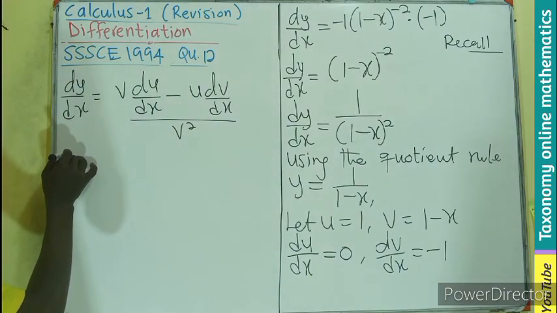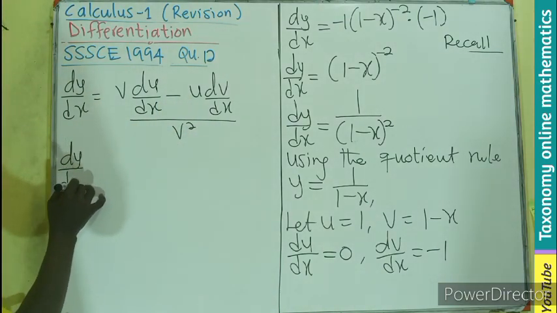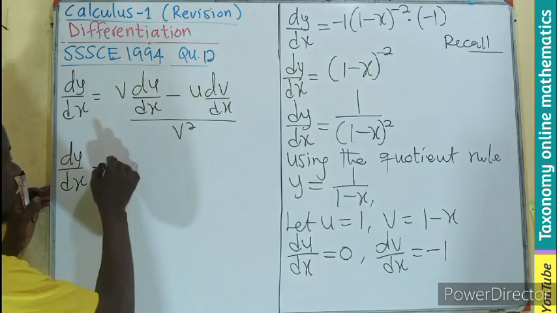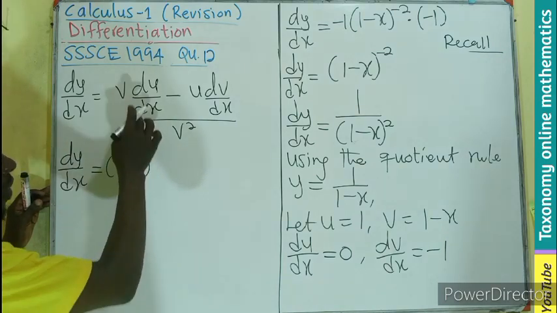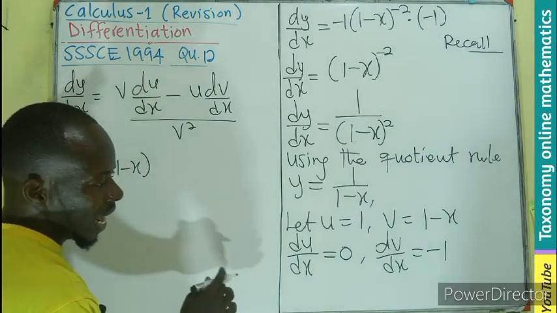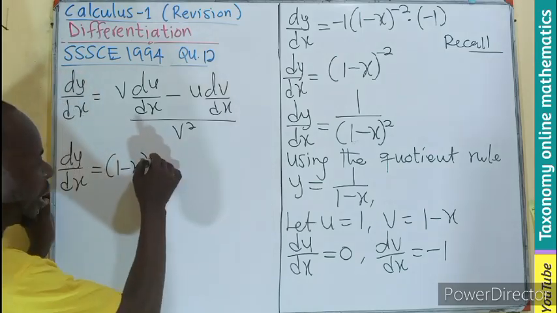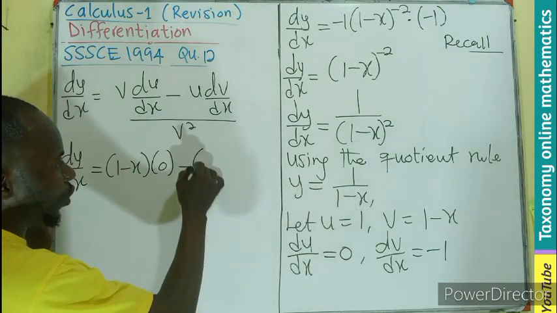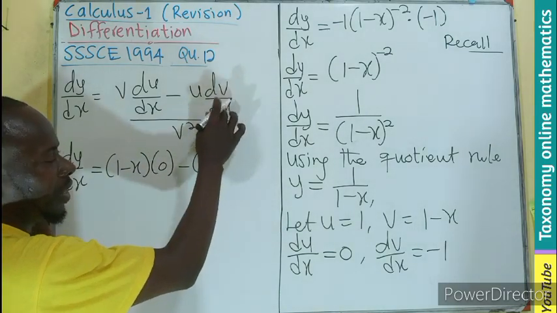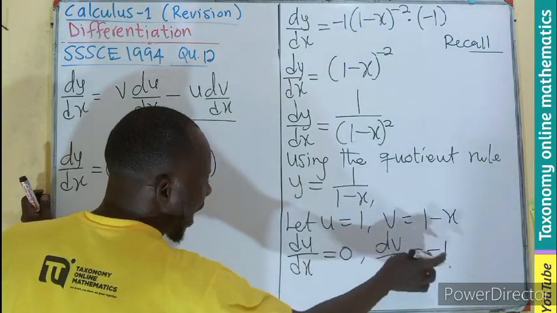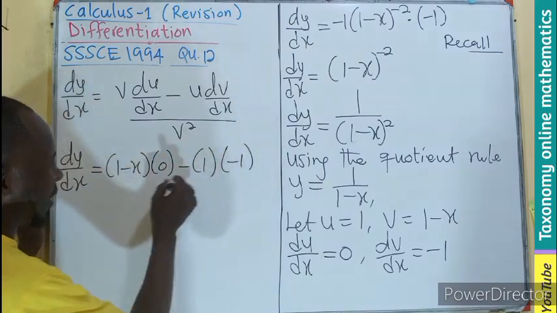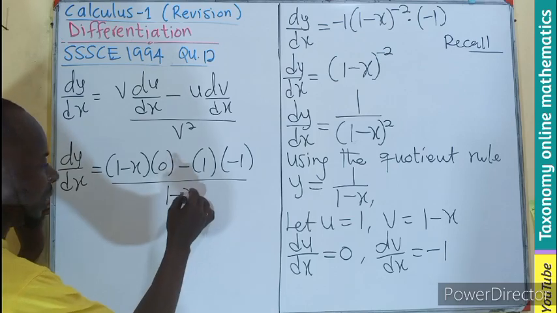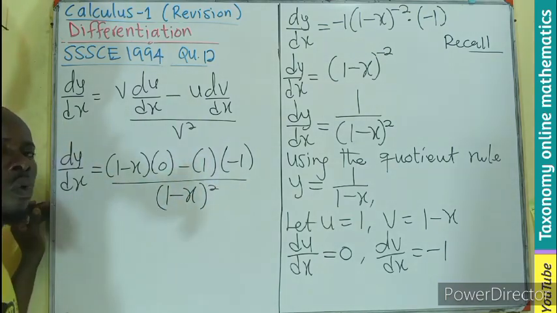So let's do the substitution. Whenever I see v, I go back to 1 minus x. Whenever I see du/dx, I introduce 0. Minus u, which is 1, times dv/dx, minus 1, divided by v, which is (1 minus x) all squared.